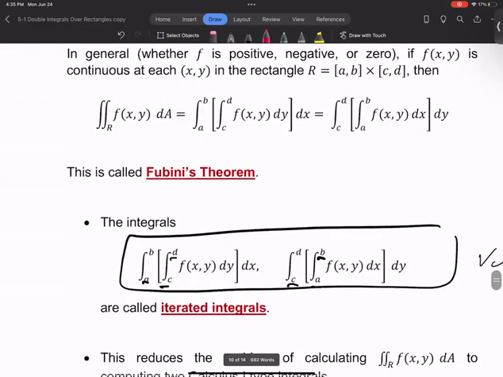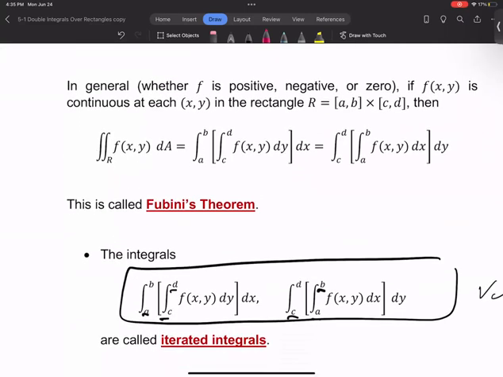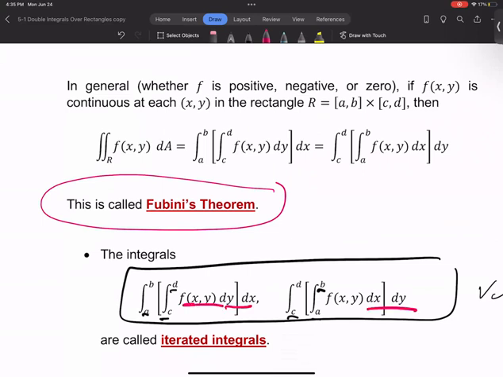I think this is okay. And now, as I was saying, can we interchange the values? Yes, if the function is nice, the function must be continuous. If you have division by 0, for example, you have 1 over x plus y as your f of xy, you have to be careful because if y equals minus x, you are dividing by 0.